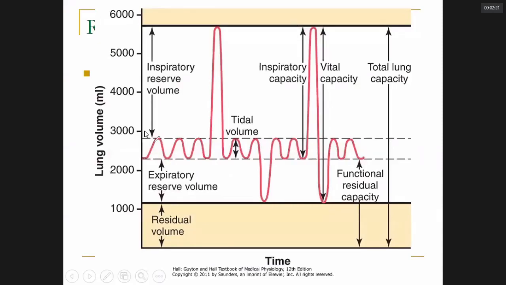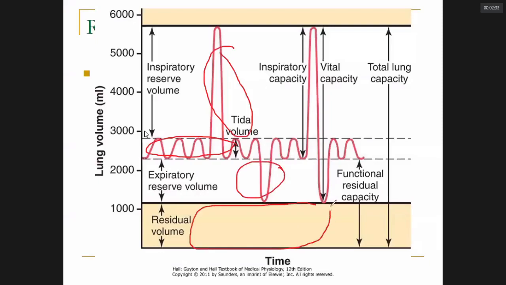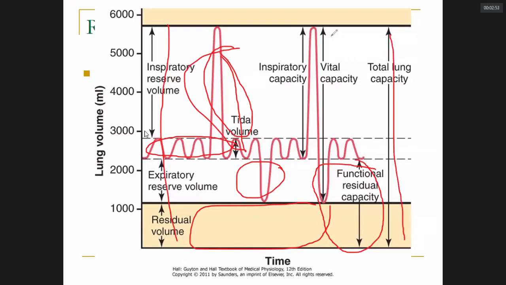Label this. If someone asks you what is tidal volume, or any student asks, what is this, you will say IRV; what is this, ERV; what is this, RV; what is the whole, TLC; what is IRV, what is IRV and TV. Similarly ERV plus RV is FRC, the whole is TLC. The first 3 lung volumes are ERV, IRV, TV. From this up to this, it is all VC, right?